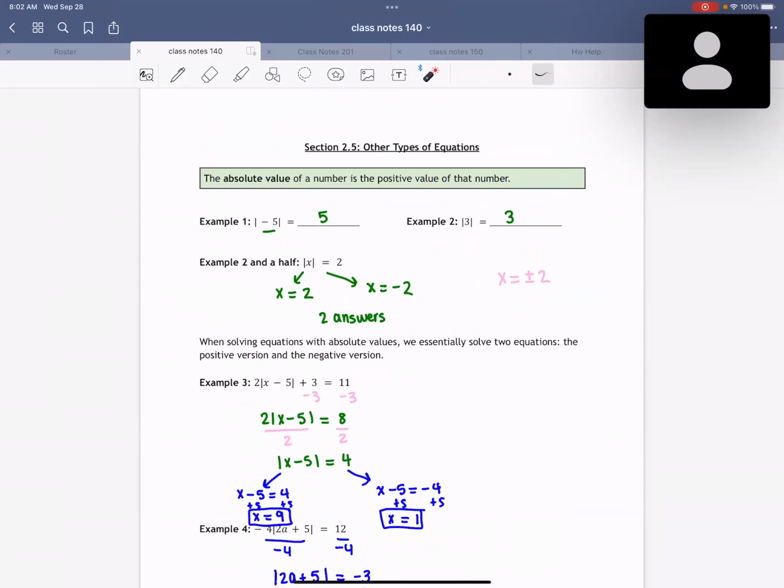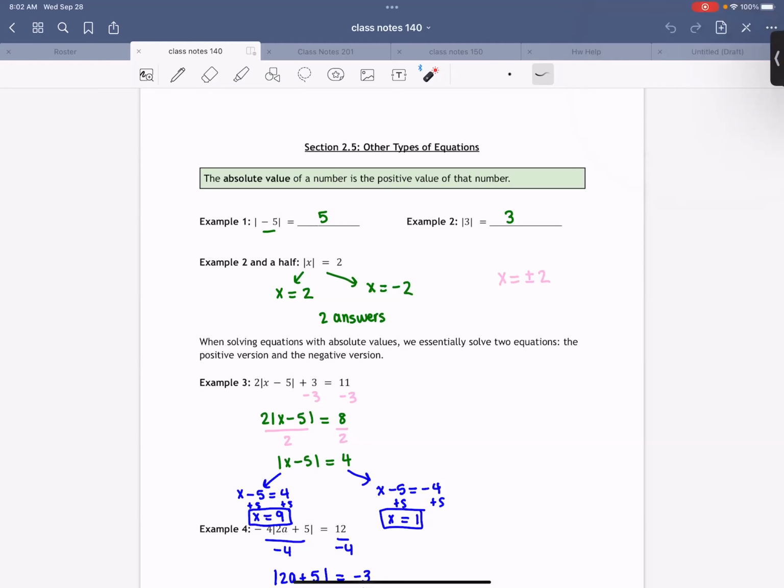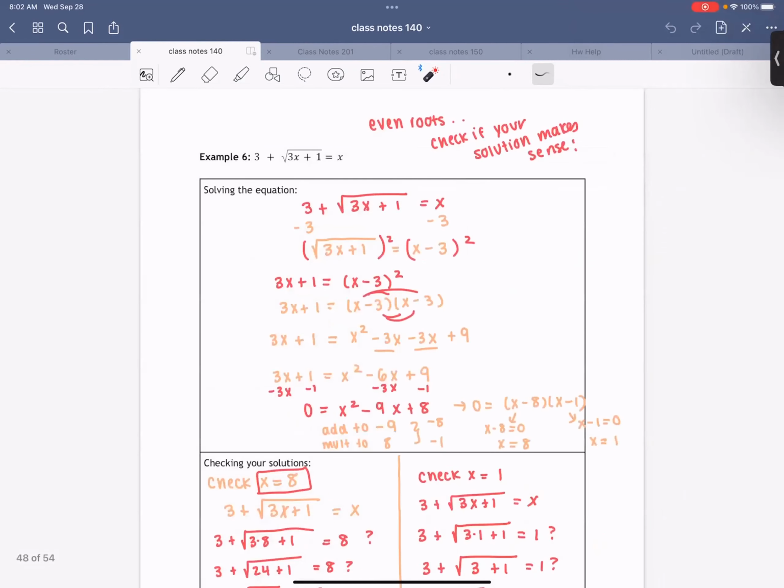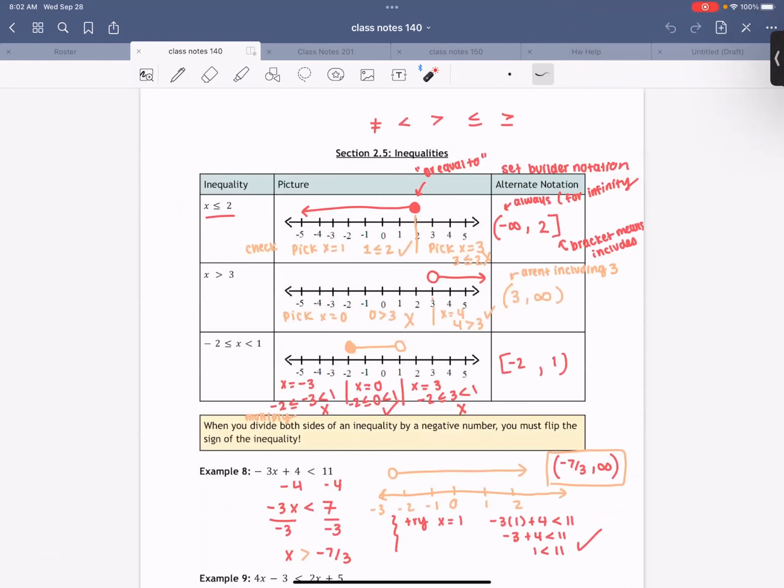That's okay. We've been talking about other types of equations, and by other types of equations, I mean equations that have different things in them, like absolute value signs, root signs, third roots, square roots. And then we kind of moved on to talking about not just equations, but these things called inequalities, right?